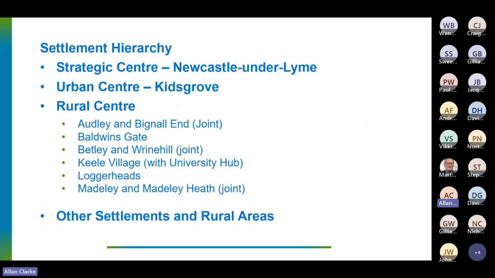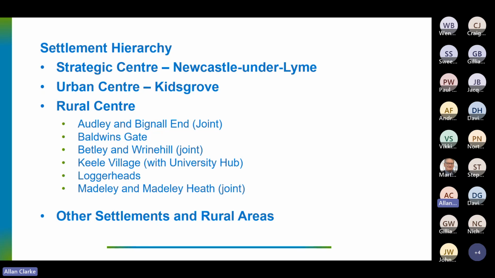The plan proposes a settlement hierarchy which attempts to identify the bigger areas and direct growth towards those as more sustainable centres. So we've got the strategic centre of Newcastle-under-Lyme, we've got the secondary urban centre of Kidsgrove, and then the plan identifies a number of rural centres below that and recognises that they also have an important role to play in terms of supporting the overall development requirements, but also supporting their vitality and viability going forward over the next 20 years.